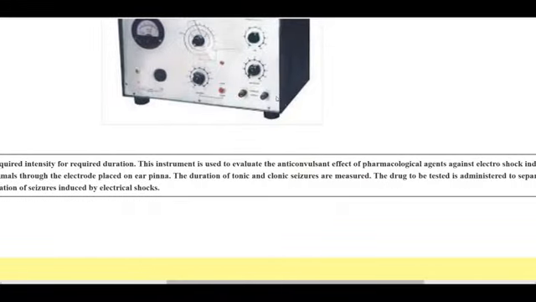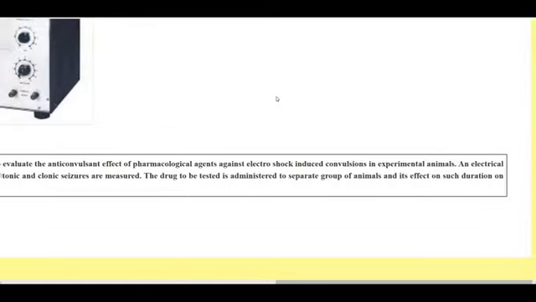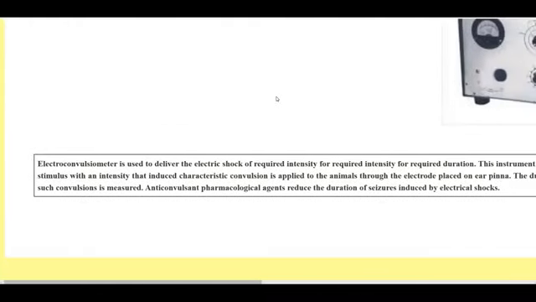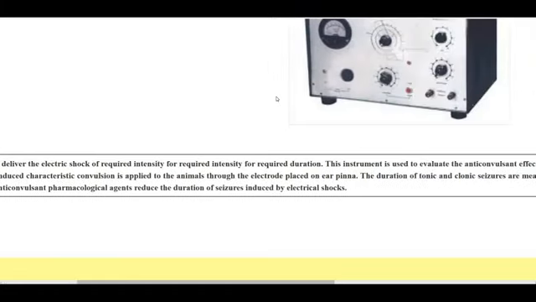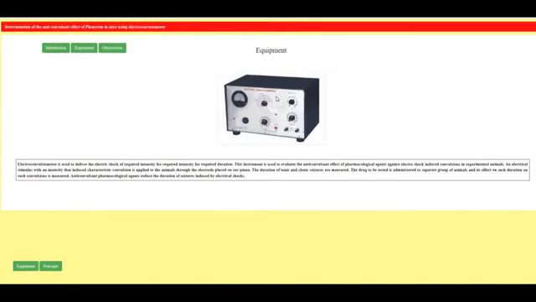The duration of tonic-clonic seizures is measured, and the drug to be tested is administered to separate groups of animals and its effect on the duration of such convulsions is measured. Anticonvulsant pharmacological agents reduce the duration of seizures induced by electrical shocks. This way the experiment demonstrates the use of this equipment for determining the anticonvulsant activity.